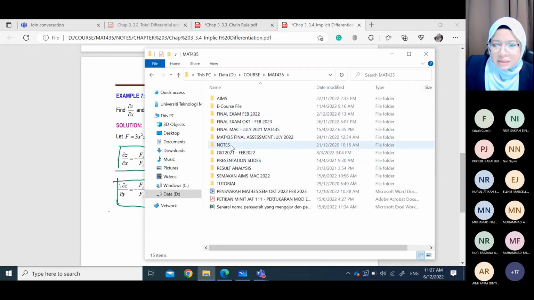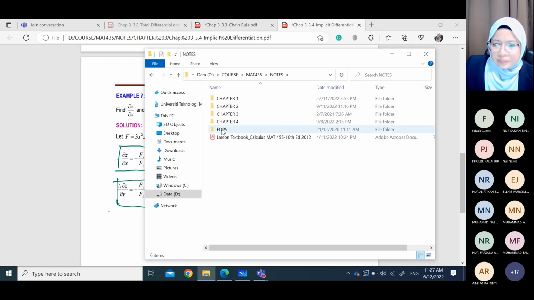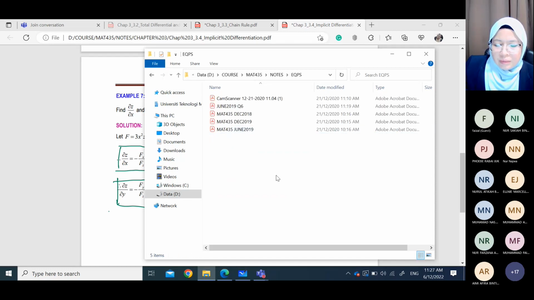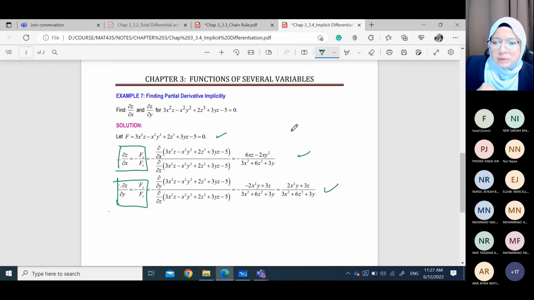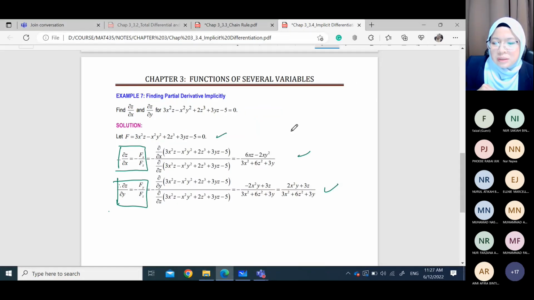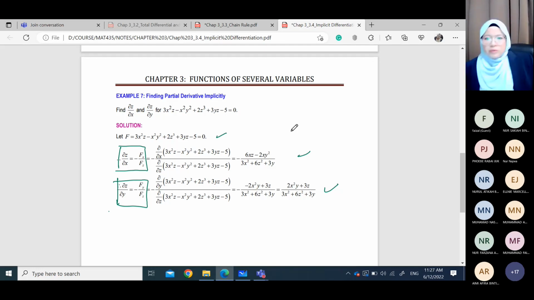Madam, bila nak guna formula ni, madam? Oh, yang implicit ni. Oh, kat mana kita boleh apply, is it? Okay, so for this formula, we can apply it in the rate of change.